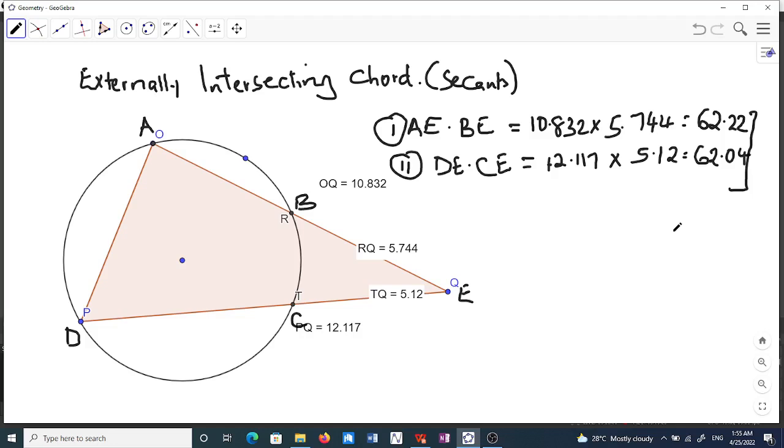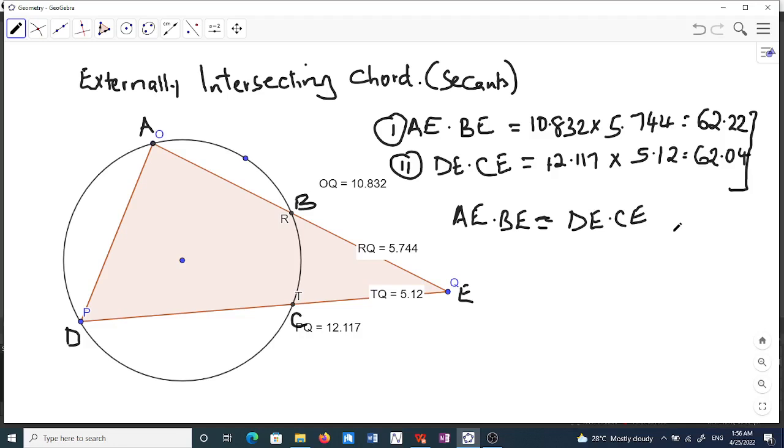So we can now categorically assume that particular difference or error that occurs between the two, and say here that AE times BE is very close to DE times CE, and that is the relationship.